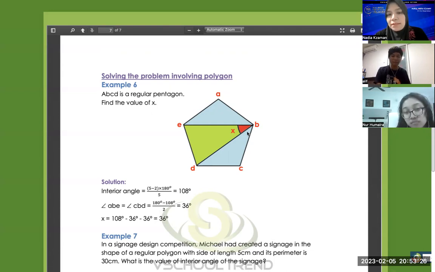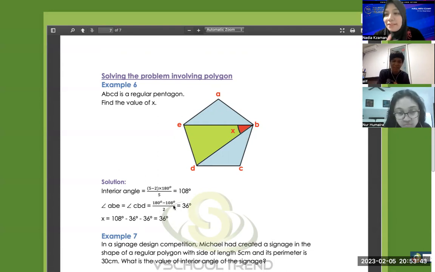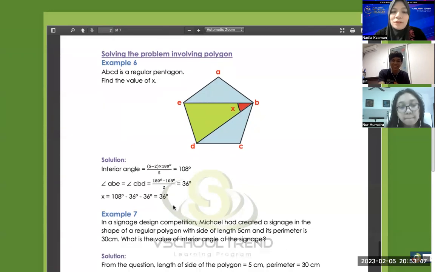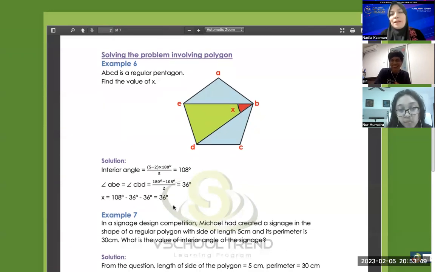So you get 36 at each of the other sides. So 108, the total angle here, minus 36 minus 36, you get 36. So basically, because this is a regular pentagon, it is 108 divided by 3. You see, right?